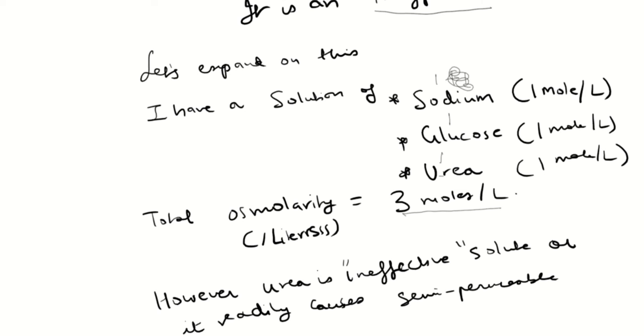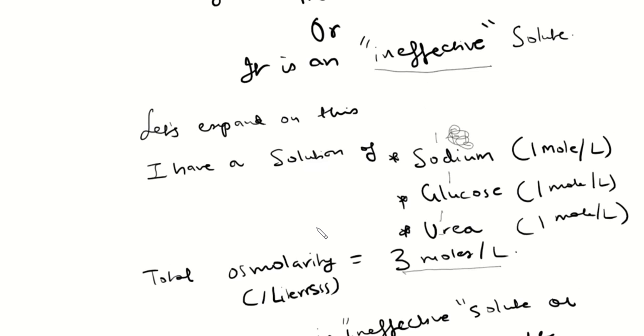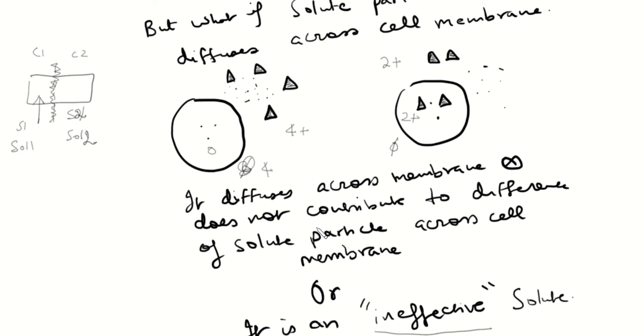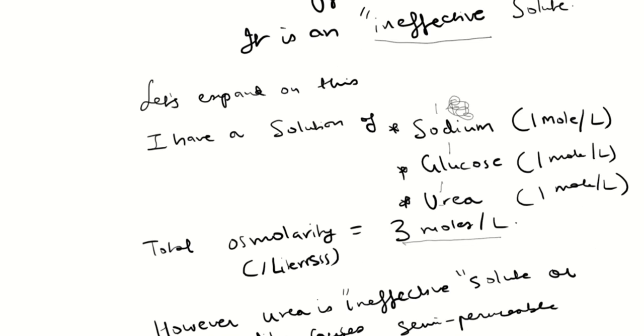Well, that makes a lot of sense. Remember, liters, osmolarity. Okay. Now, here's the problem. For our cell membranes and our human body, urea is considered an ineffective solute, or in other words, it readily crosses our cell membranes. Okay, so what does that mean? That means that urea is going to do what this solute did here. It's ineffective. So it doesn't contribute to the osmolarity.